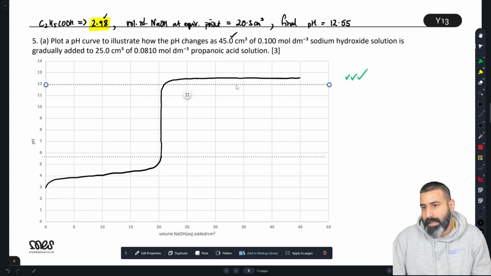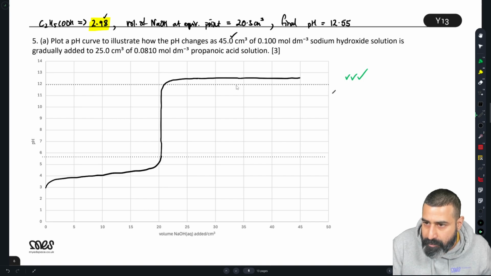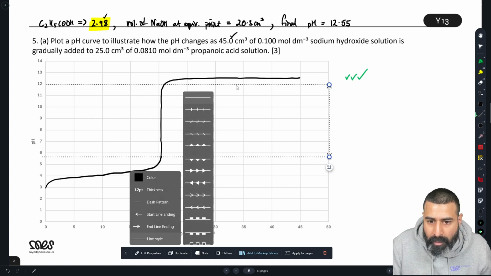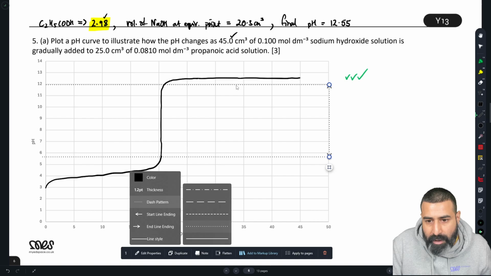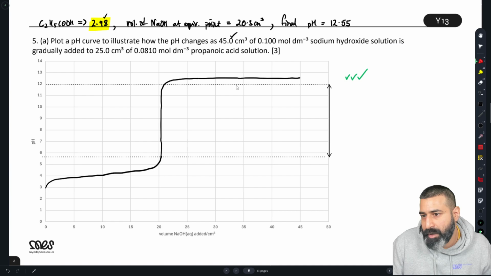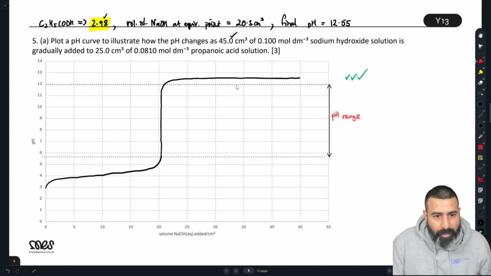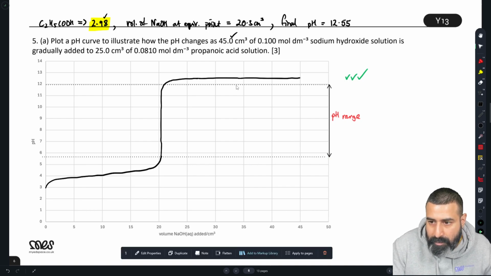So let's just see what we're looking at, because that's going to give us our pH range. Okay, lovely. So we're looking for a pH range for the indicator between around, actually this one should probably go up a bit.